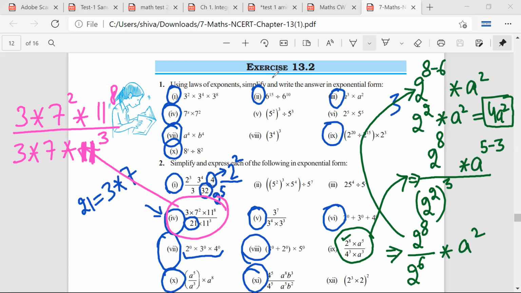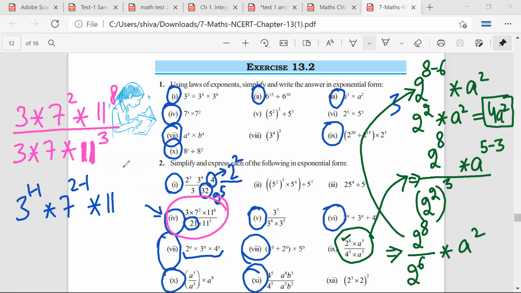And this would be equal to, anybody wants to give the answer? 3 raised to 0 and 7. Basically, 3 raised to 0 is 1. Okay. So 1, into 7, into 11 raised to 5. Okay. Any doubt still?